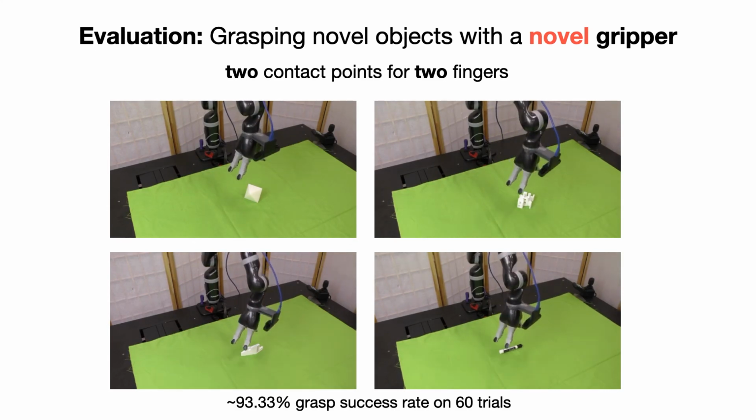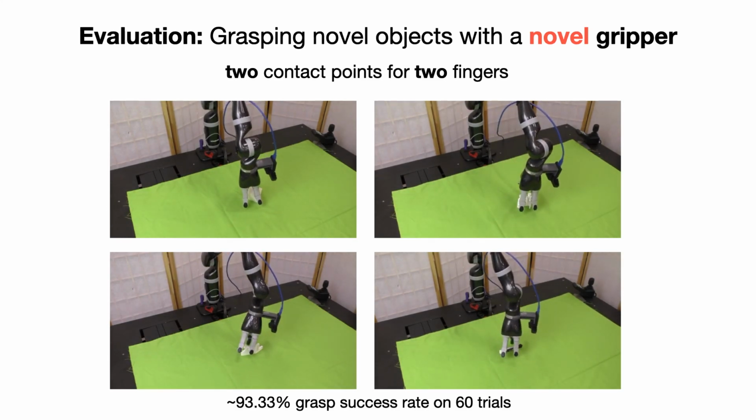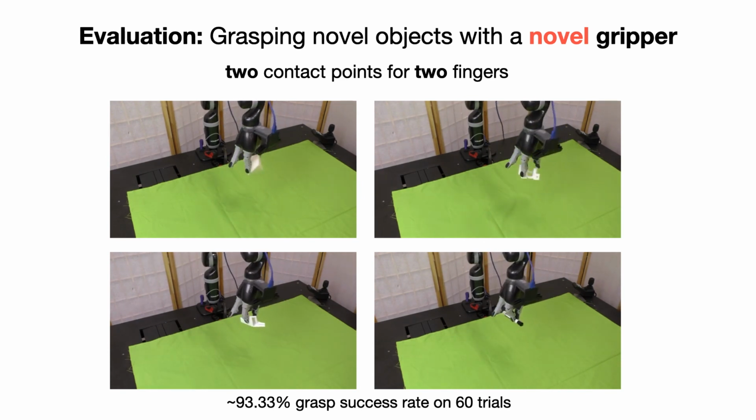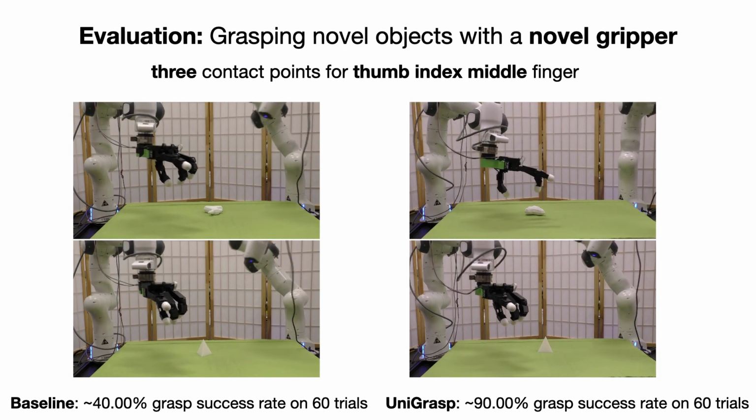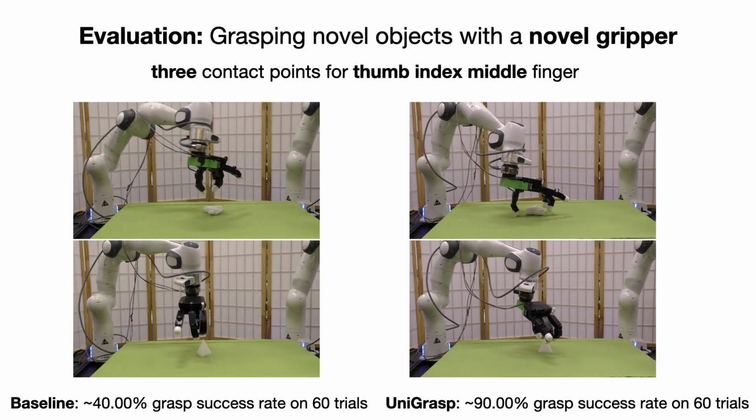We first change the URDF file of the Kinova 3-finger gripper to make it a new 2-fingered gripper. Our model achieves 93% grasp success rate on 60 trials. We also test our model on the Allegro hand.